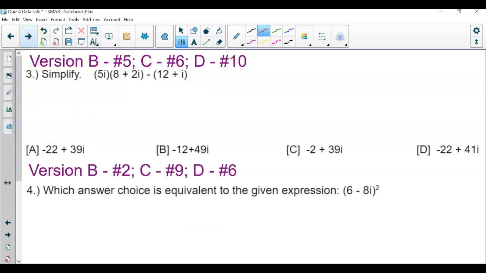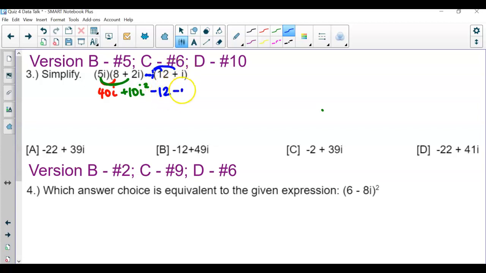Question number 3. Go ahead and look for this one on your version. Notice how in question number 3, we are distributing and subtracting. So I'm going to go ahead and distribute, but notice how this is 5i. So 5i times 8 is 40i. Then here, 5i times 2i is now 10i squared. Then notice how you are subtracting, so we also need to distribute a -1 value. So positive 12 is now -12.